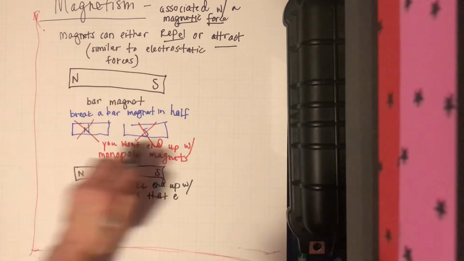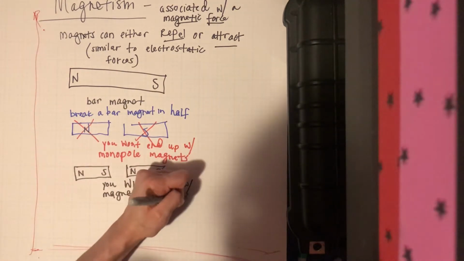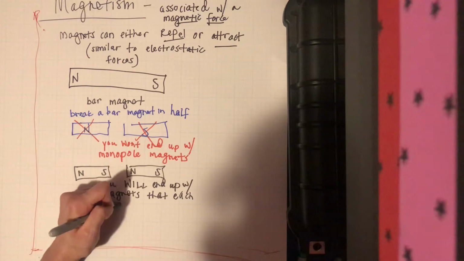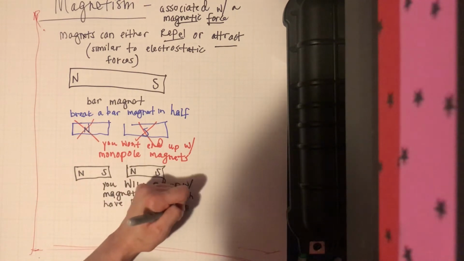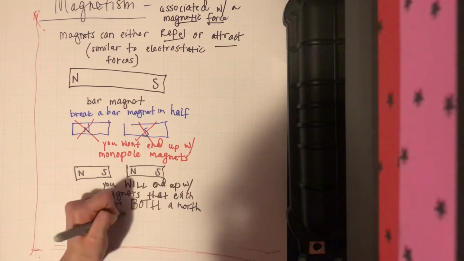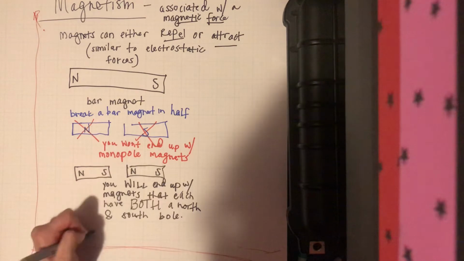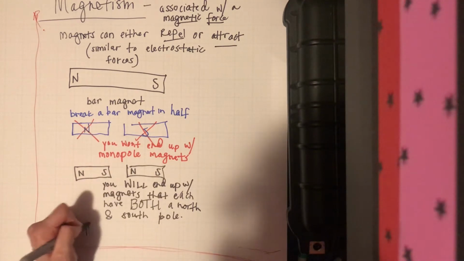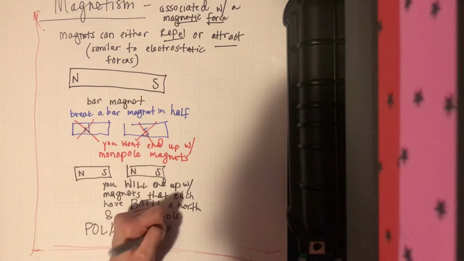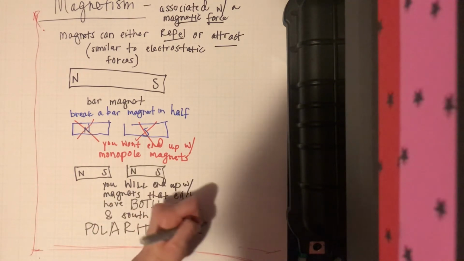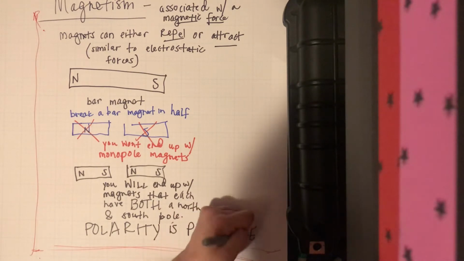So that polarity, as we're going to refer to it, is preserved. It's important to note you'll never have a monopole magnet.